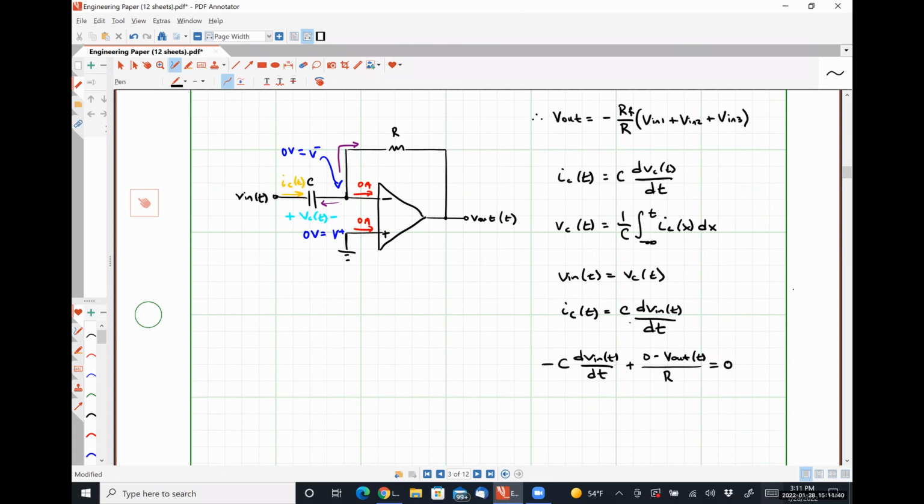And from this, I get V out is equal to negative RC dVn by dt. So this must be the differentiating amplifier because the output is a derivative of the input signal, scaled by a factor of negative RC.